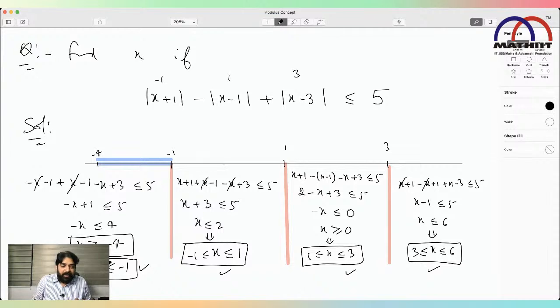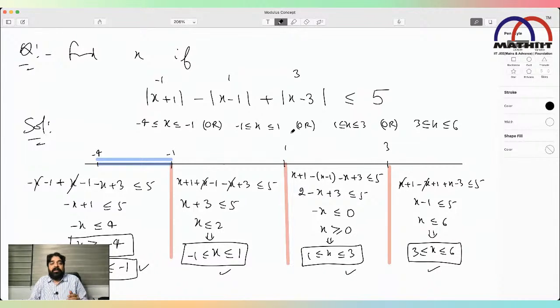What is this saying? It means this answer or this answer. Between the two cases, an or always comes. So finally, how will you write the answer? x from minus 4 to minus 1, or x lies between minus 1 and 1, or x lies between 1 and 3, or x lies between 3 and 6.